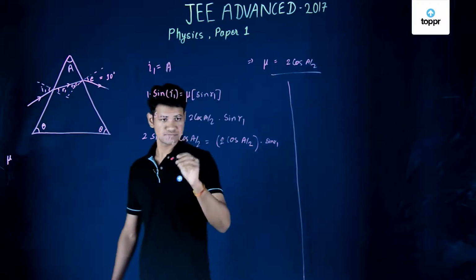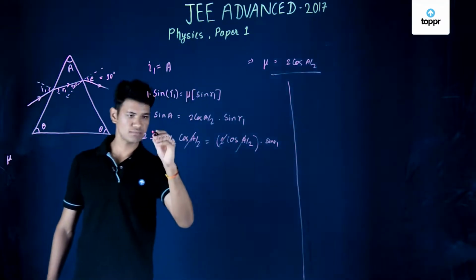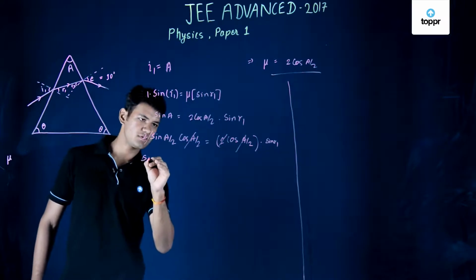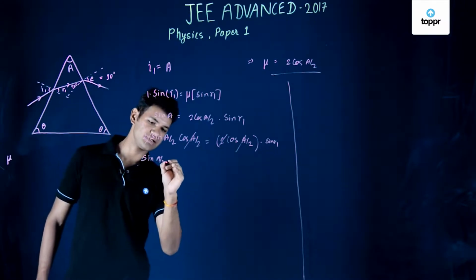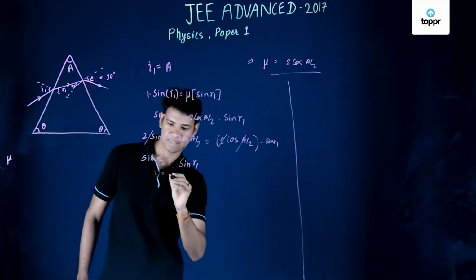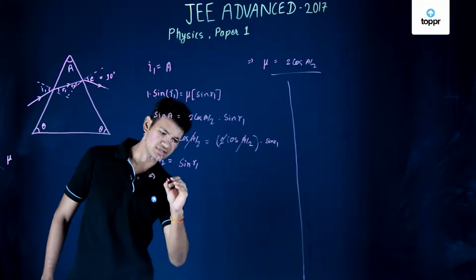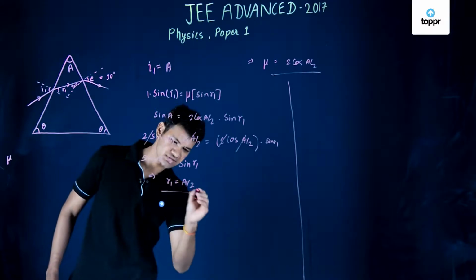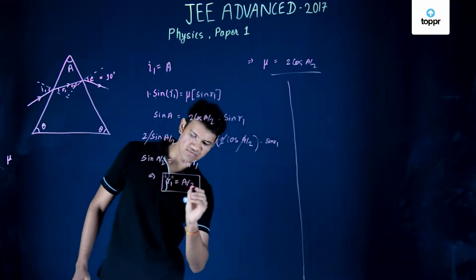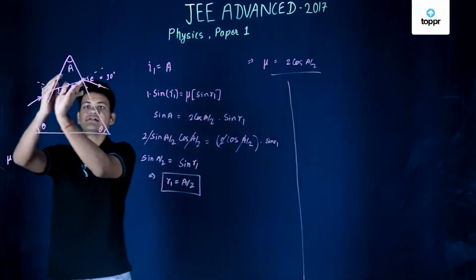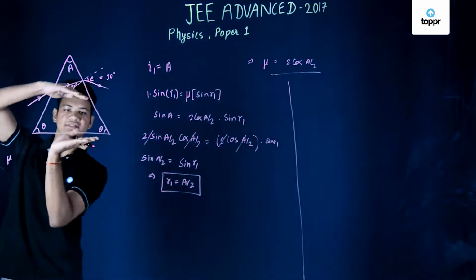Solving it further, we see that sine of A by 2 is equal to sine of R1, which gives us the result R1 is equal to simply A by 2. Now we just need to check whether this R1 value of A by 2 satisfies the condition of the emergent ray being parallel to this side or not.